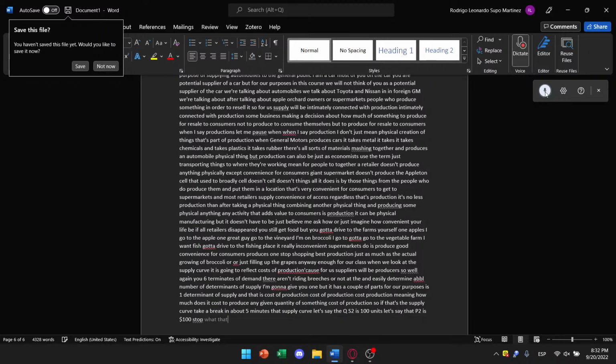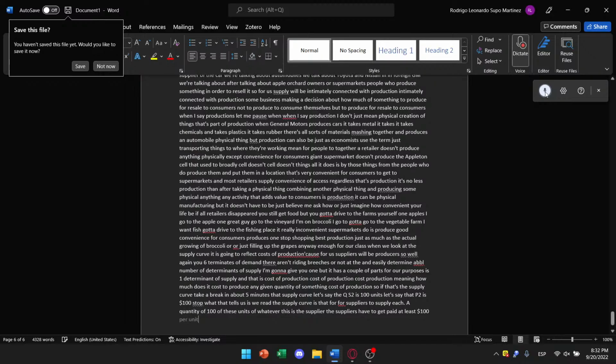What that tells us as we read the supply curve is that for suppliers to supply each period a quantity of 100 of these units, whatever this is, the supplier or suppliers have to get paid at least $100 per unit in order to convince them to supply 100 units each period. If the amount that they can sell these units for is something less than $100, the quantity they supply will be less.